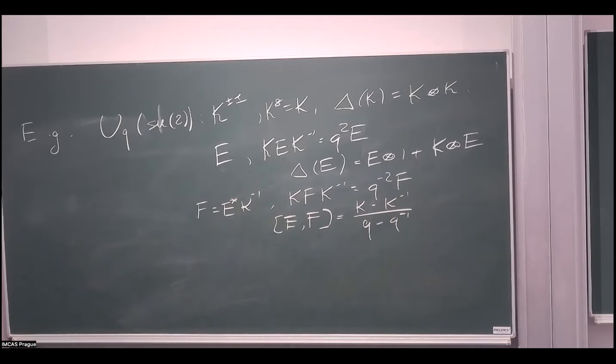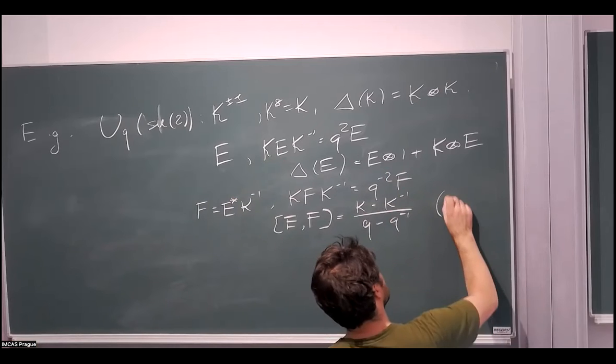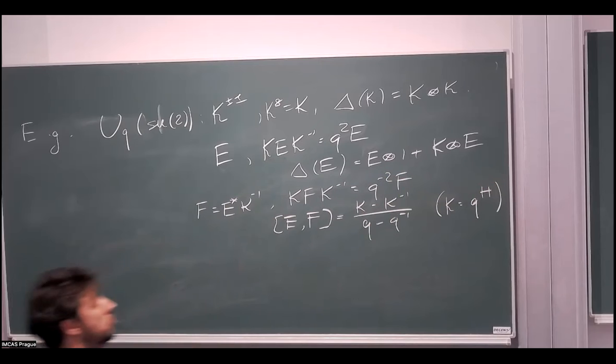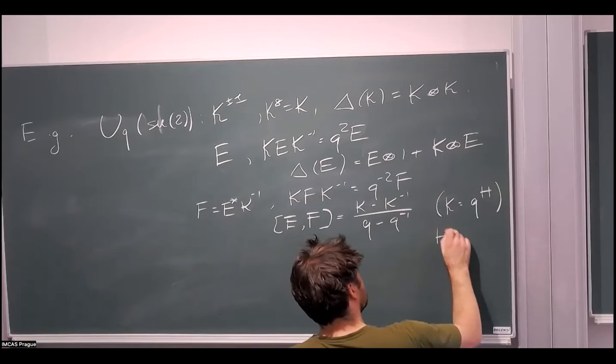And so the usual bracket of E and F will be some expression in K. And you interpret this by very formally viewing this Q as some kind of Q power of the usual generator H of SL2C.